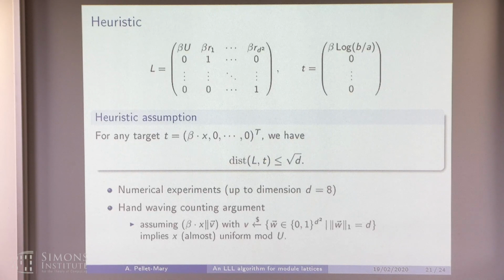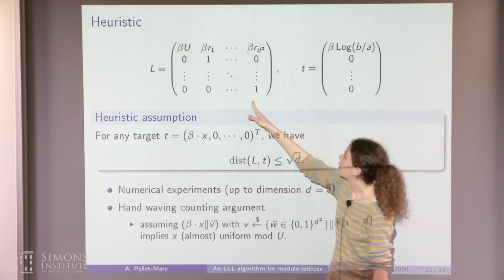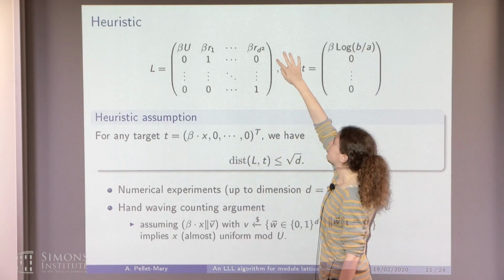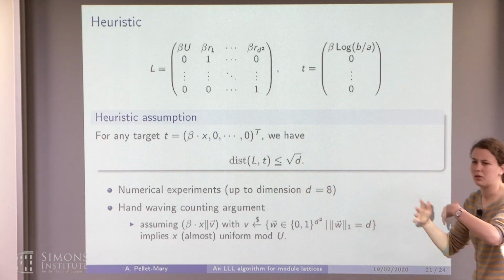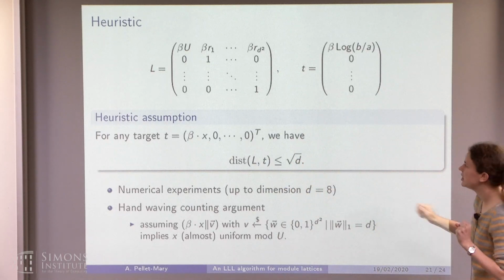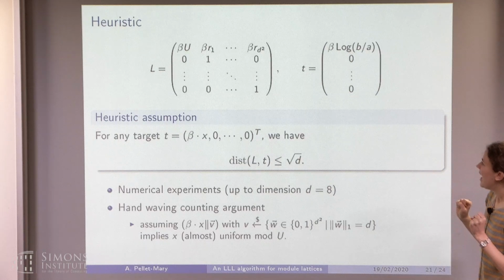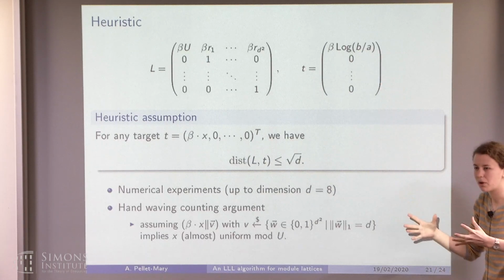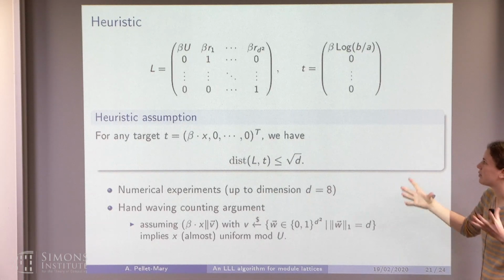But we also have a counting argument. Let's assume that I take a random linear subset sum of these vectors. I'm assuming that the top part behaves randomly, uniformly distributed modulo u. Then the probability to be close to B over A, we can compute: the volume of the ball of radius epsilon divided by the volume of u.